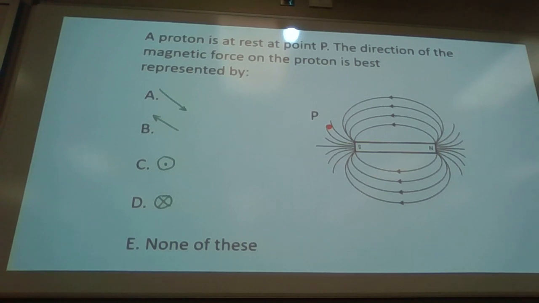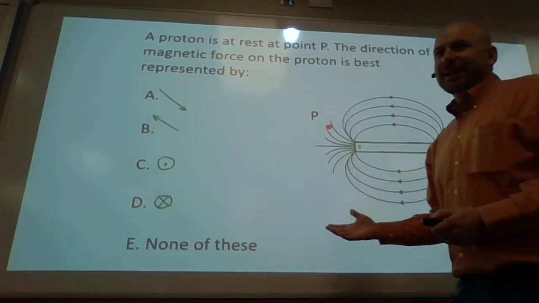Okay, it's a trick question. See this right here? Correct answer is E, but what is the right answer? E is the right answer, but what actually is the answer?